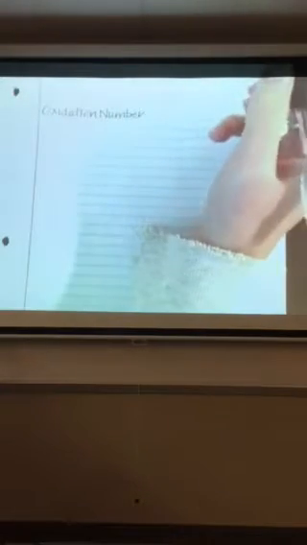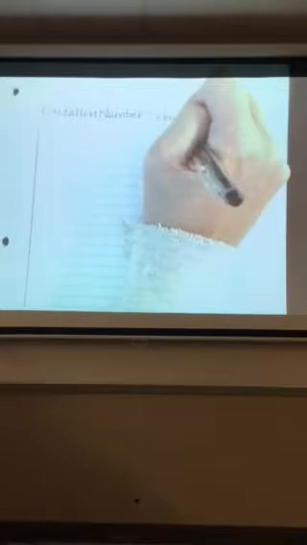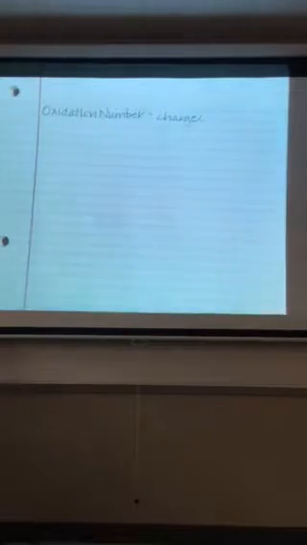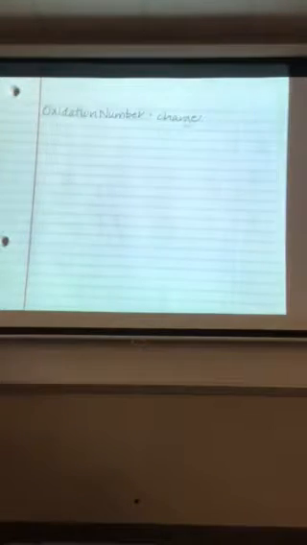Okay, first guys, today we need to talk about oxidation number. For our purposes, oxidation number is the charge on an element. Elements want to get a full valence shell.